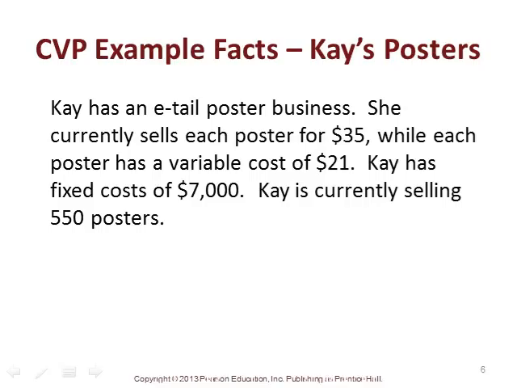So you see, we've got a lot of the information that we said we would need to have, right? We have the sales price per unit, $35. We have the volume sold, 550. We have the variable cost per unit of $21, and then we have total fixed cost of $7,000. And of course, with all of those, we could calculate the operating income.